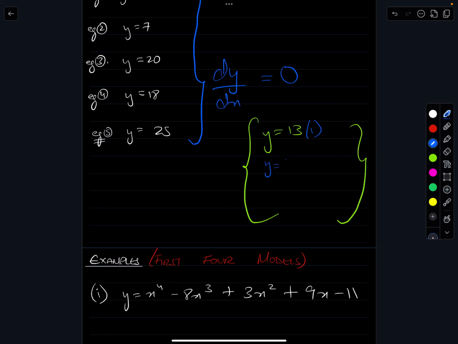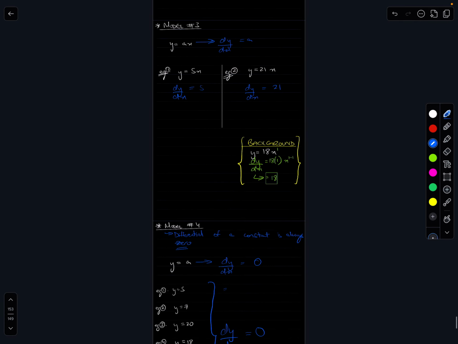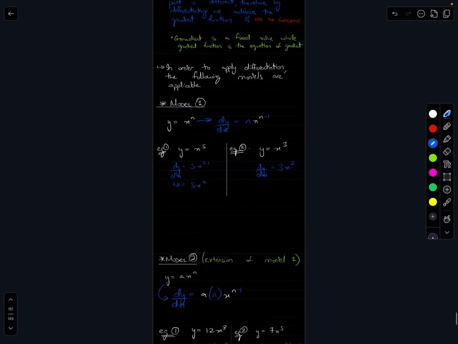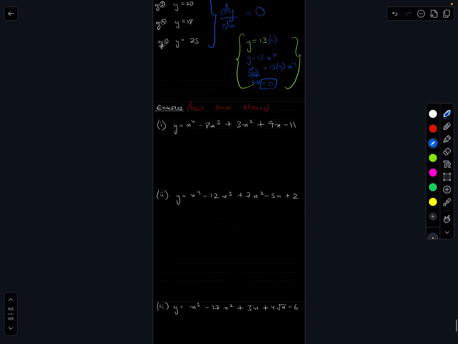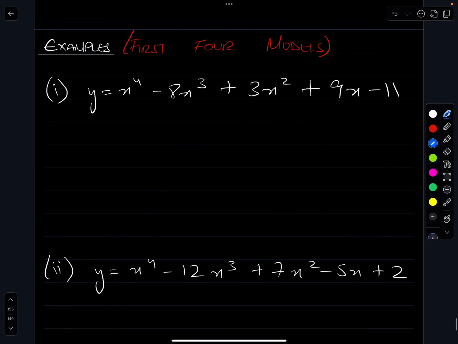So y is equal to 13x power 0, and dy by dx is going to be 13 into 0 x minus 1 after reducing the power, and this results to be 0. My differential is going to be 0, and that's the background. So the main idea of all 4 of these models was bring the power down, reduce the power by 1. That's all. So let's recap all these models with 3 examples.